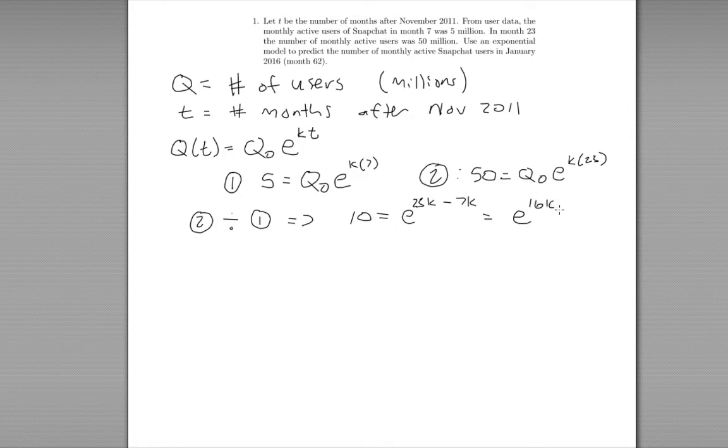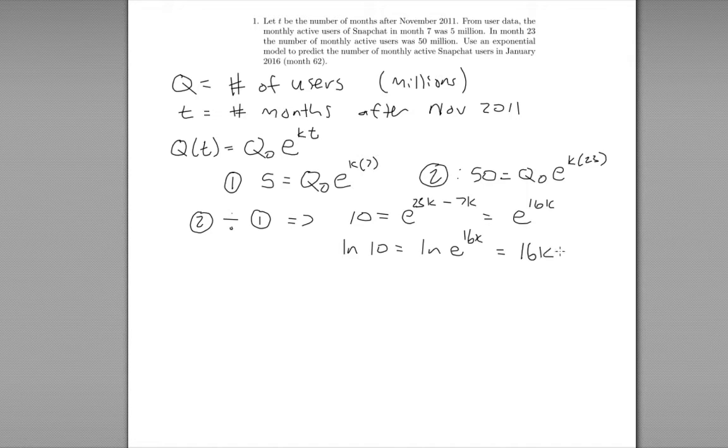Now, because I'm trying to figure out what k is, and it's in an exponent, I'm going to take the log of both sides. So ln 10 is equal to the logarithm of e to the 16k. Because I know my logarithm rules, if I have an exponent inside of a log, I can bring the exponent down front.